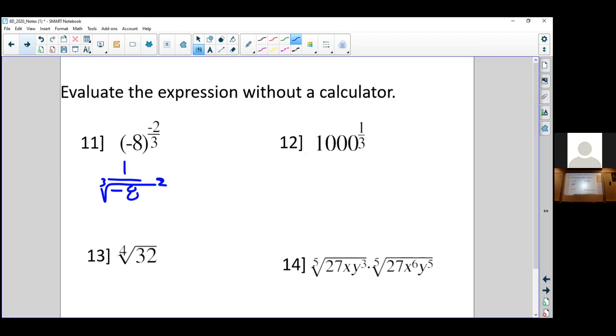If I have negative 4, that's not the same as 1 over 4. The negative exponent is what moves it. The negative number does not move it down. So this negative number here has to stay negative as we move it down. And notice I changed it to the third root of negative 8 squared. So I modified that. So the third root of negative 8 is negative 2. And negative 2, quantity squared, is 1/4.